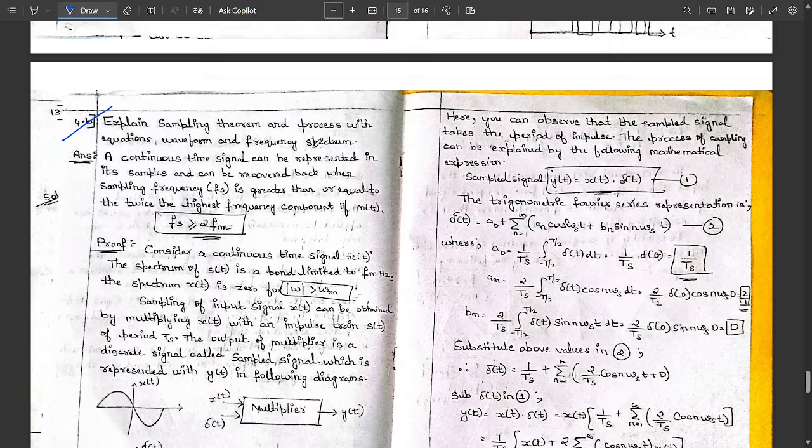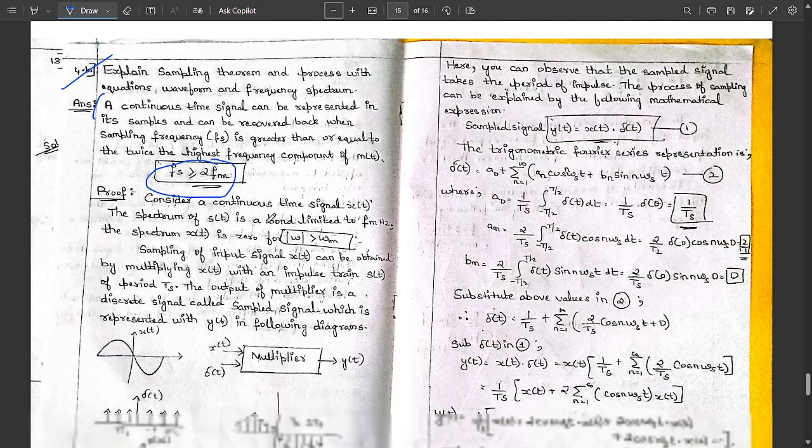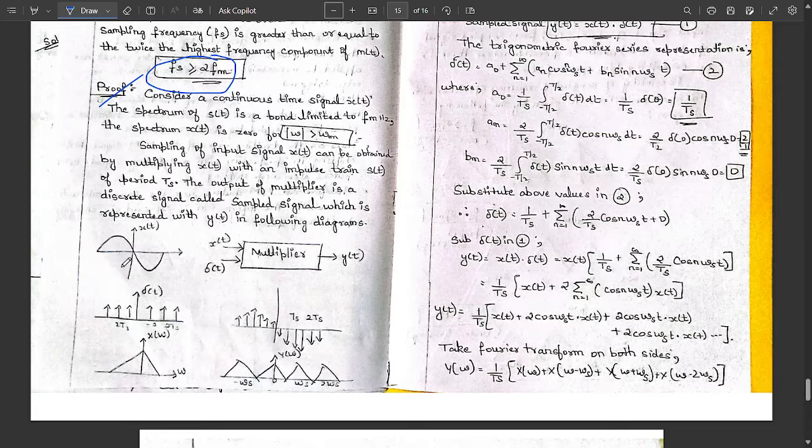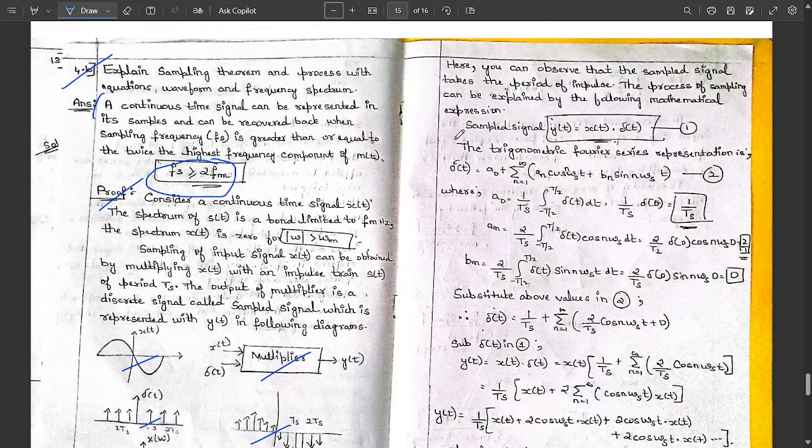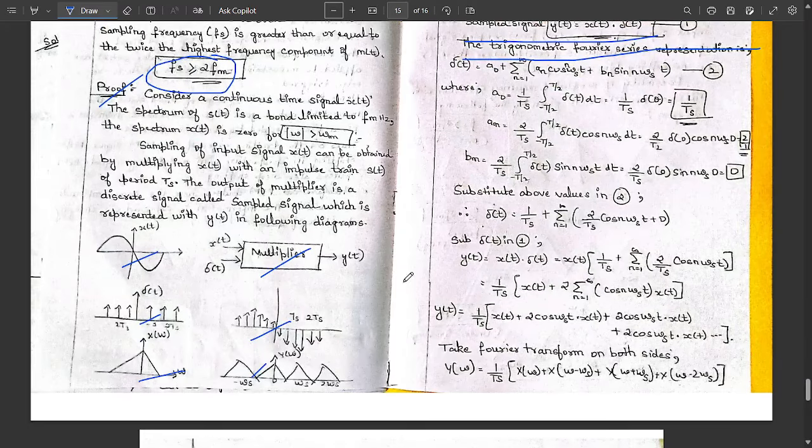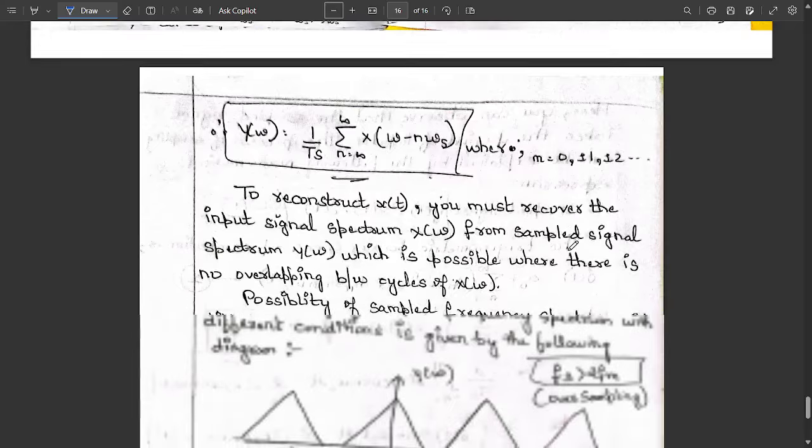This is the statement of the sampling theorem, and the relation is Fs is greater than or equal to 2 times Fm. For the proof, the sampled signal is the sum of individual pulses in positive and negative half cycles using the multiplier. This is the derivation of the sampled signal using the trigonometric Fourier series representation. We need to derive it; it is beautifully derived. You can pause the video and refer to it.